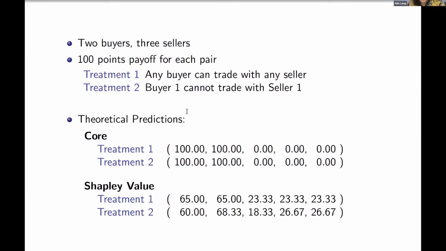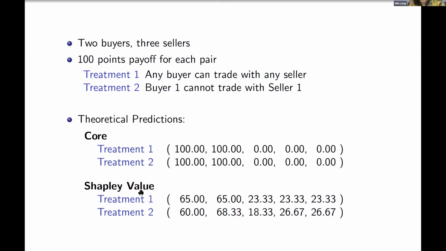So here is the treatment design. In the baseline treatment, any buyer can trade with any seller, but in the second treatment, a trading barrier is placed on buyer 1 and seller 1. The core predictions are the same for the two treatments. That is, buyers get everything and the sellers get nothing.